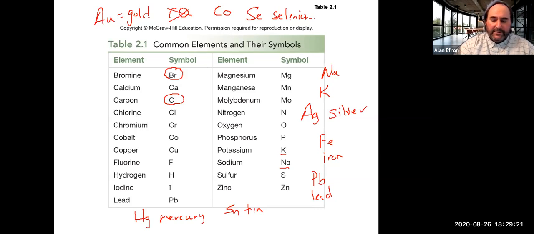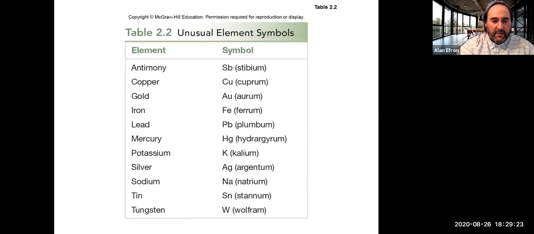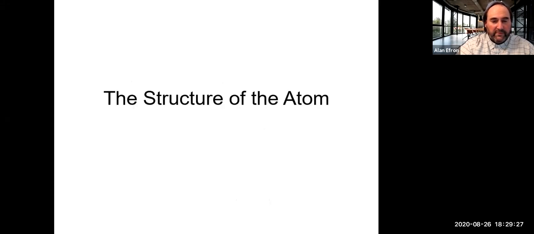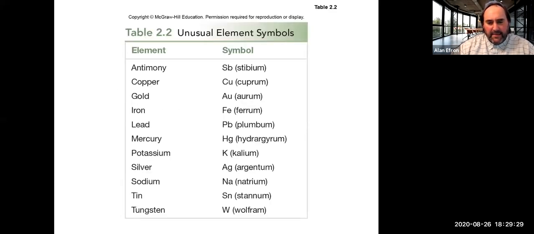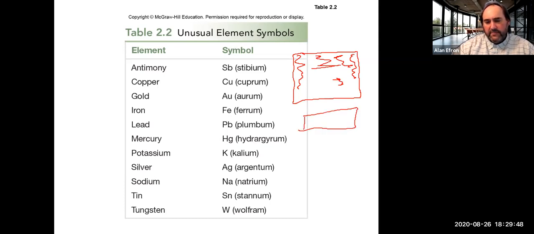So here's some of the symbols. Here's some of the rest of them as well, with some unusual symbols and the roots of those names. Again, if you look at the periodic table, we hit a lot of the elements in the first couple of columns, the end part over here, a little bit here, not too much on the bottom, maybe uranium.